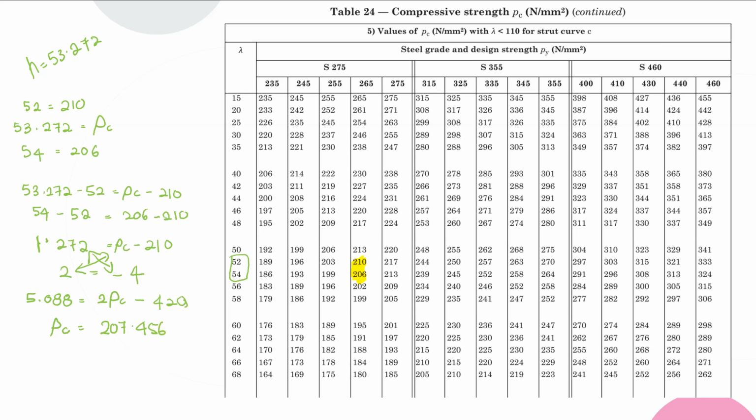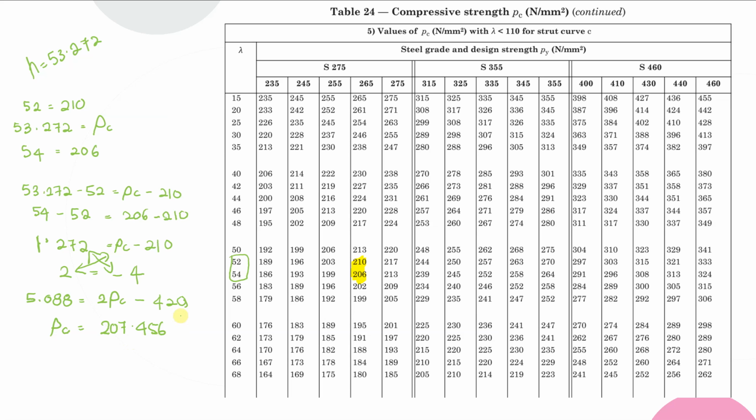Okay, one thing that you need to be very careful, sebab takut you ada salah kira perhaps because dia jalan kerja dia a bit confusing sikit. Okay, satu cara you boleh check the value PC you, 207.456. You tahu kan dia in between this 52 and 54.